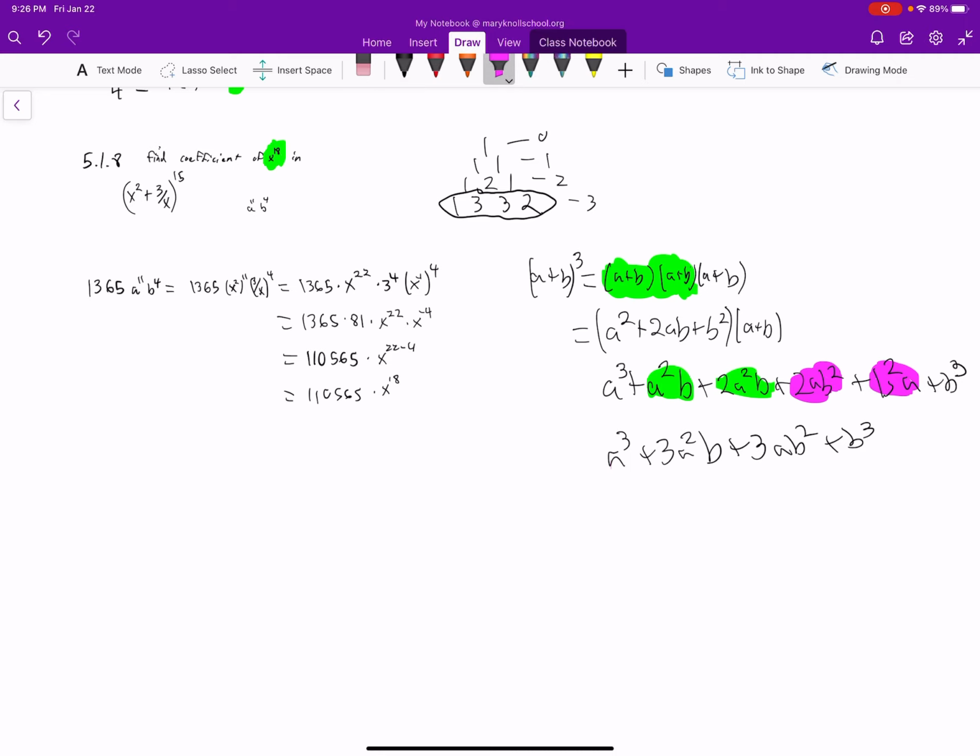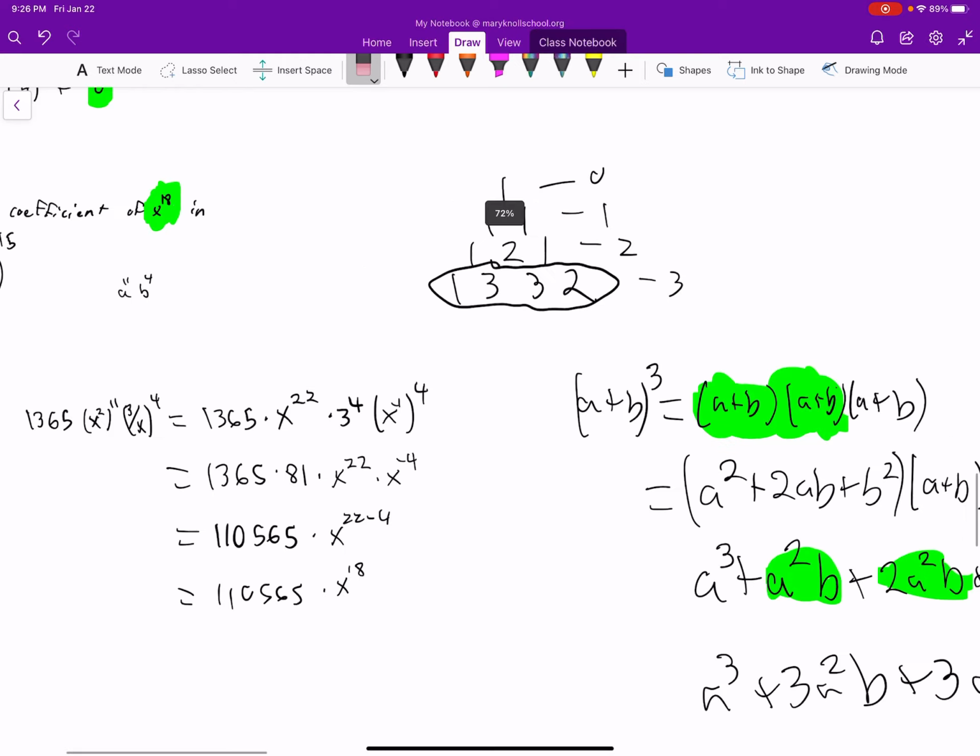So right here, the coefficients are 1, 3, 3, 1, right? And we can use that same technique and just build this even further.